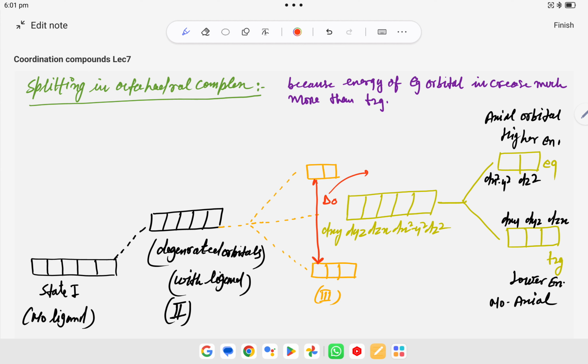What is it called? CFSE, crystal field splitting energy. So from here, this value is 0.6 delta naught, and here this value is minus 0.4 delta naught.